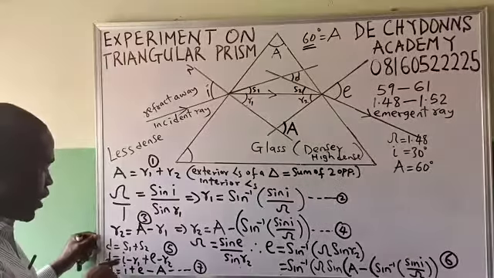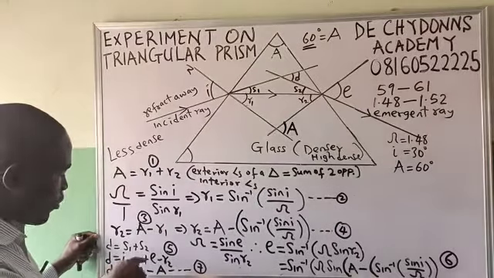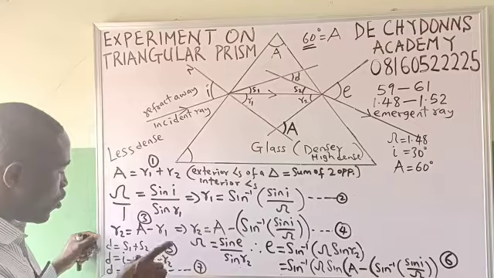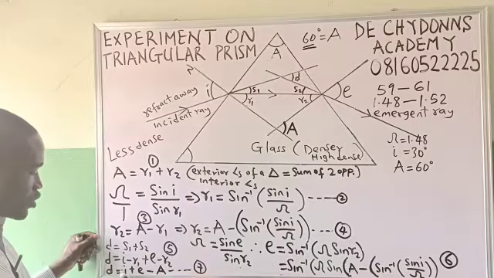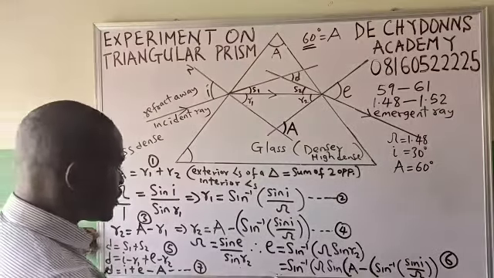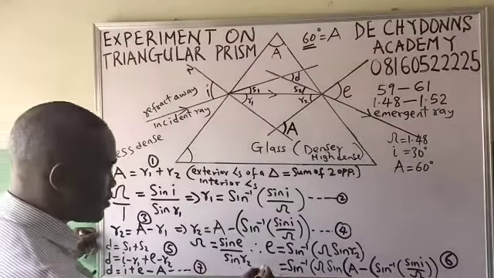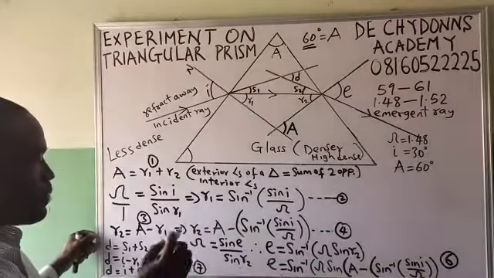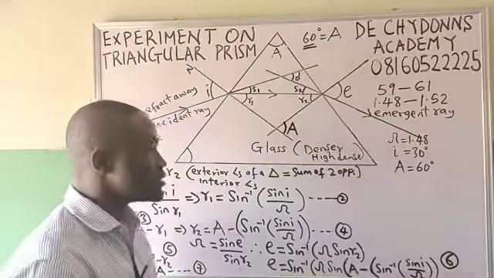That means when you say I minus R1 plus E minus R2, it will be equal to I plus E minus A. And we have noted how to get our E. So we go to equation 8.